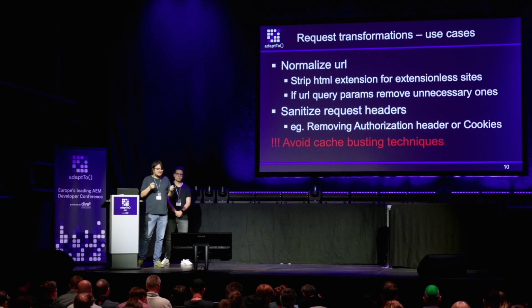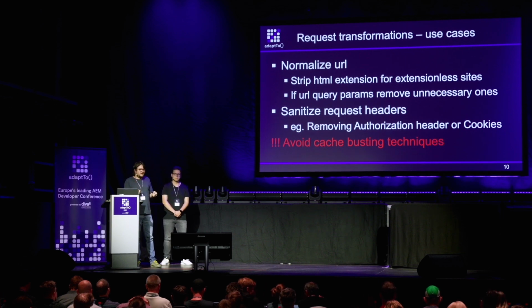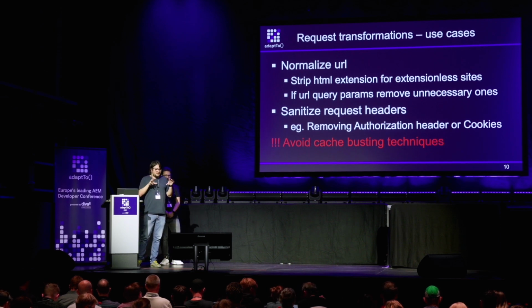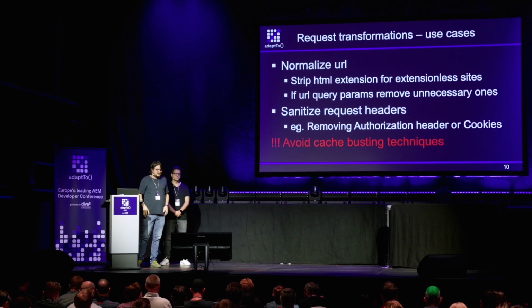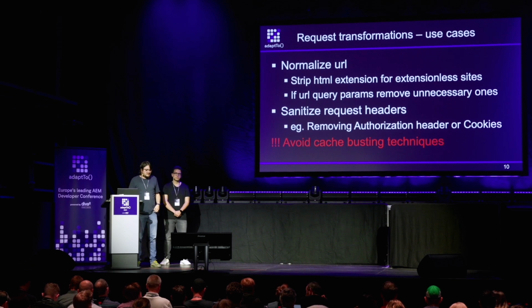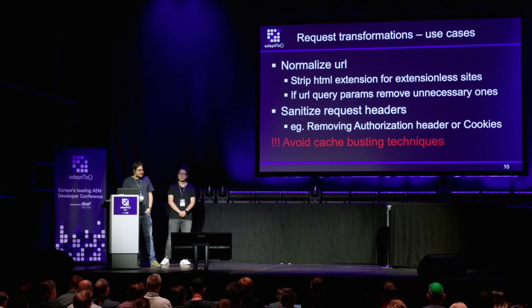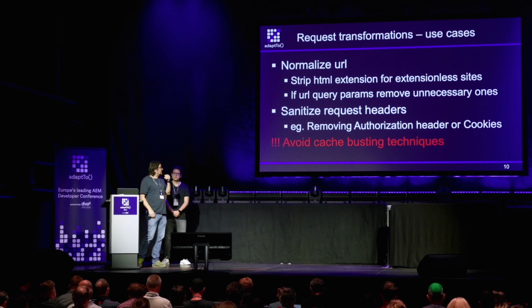The cache key is evaluated after the request transformations are evaluated, and the cache key typically contains the domain and the URL. So you can minimize the space of the cache keys by just rewriting everything to their canonical form. Also, you can sanitize the request headers.